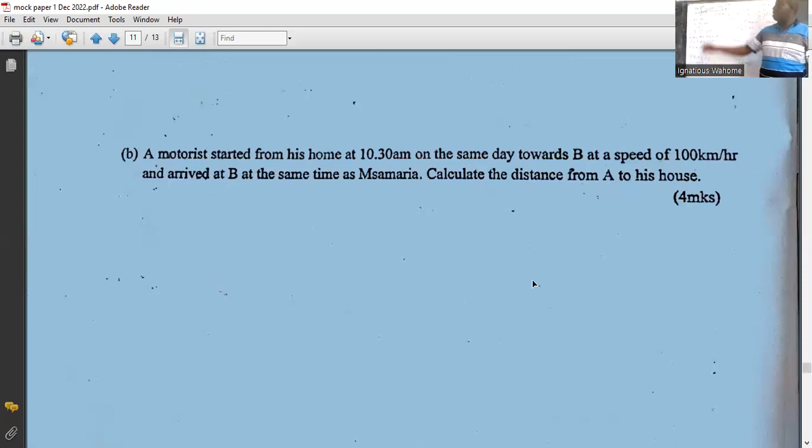For the Samaria, the distance was 360 divided by 90. That's 4 hours. So it took 4 hours for the Samaria to arrive. So what time did the Samaria arrive? That's a very simple question.